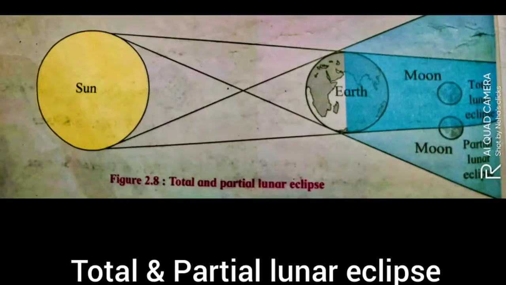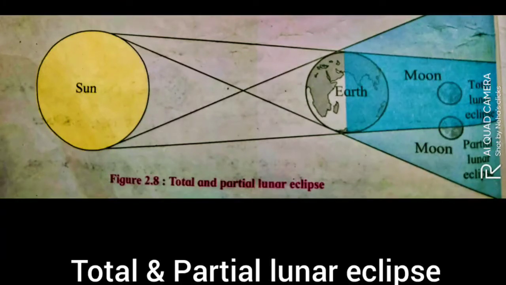We are going to study about lunar eclipse. So students, page number 6, figure 2.8, observe the figure about total and partial lunar eclipse. What is lunar eclipse? Lunar eclipse occurs on full moon day when the sun, earth and moon are in the same plane and in a straight line.